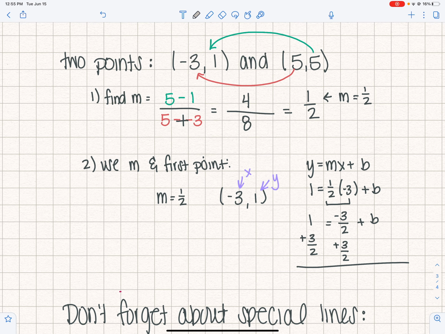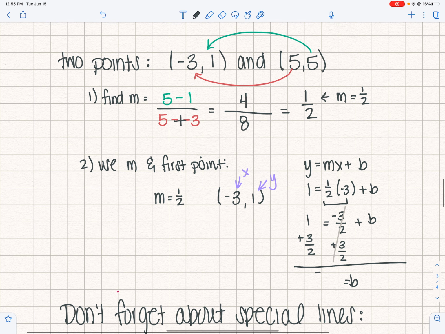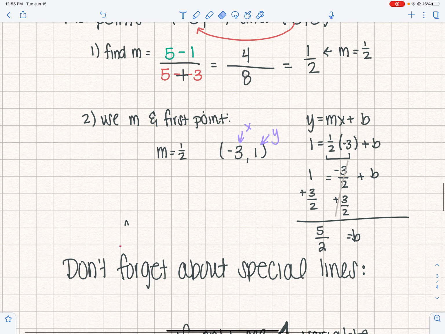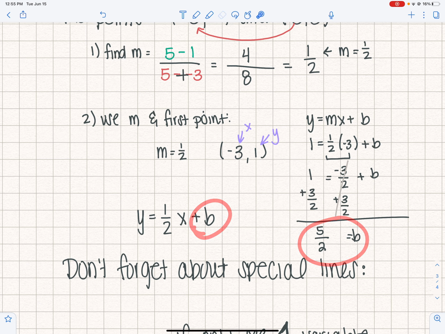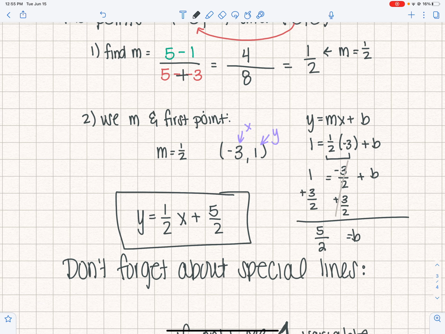Those are going to cancel, and I will have b equals 5/2, which means my final equation is going to be y equals mx plus b, but m is 1/2, so where there was an m, I can write 1/2, and b is going to be 5/2, so where there was a b, I'm going to replace that with 5/2. And so then there is my final equation.